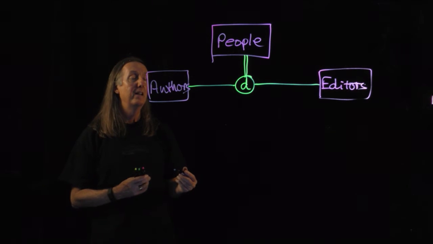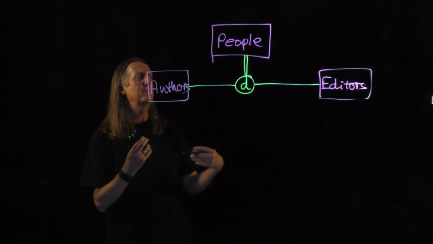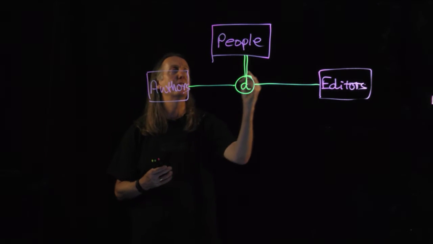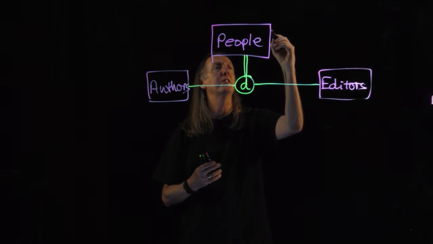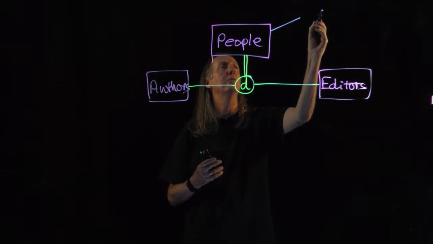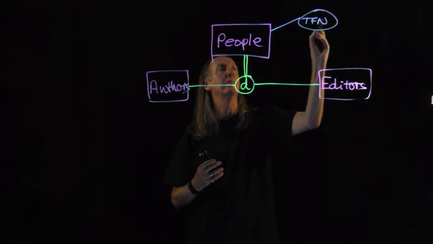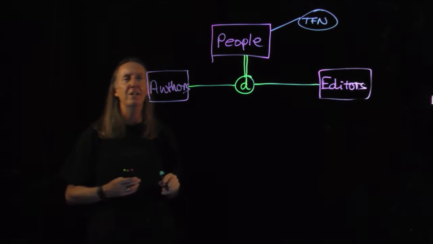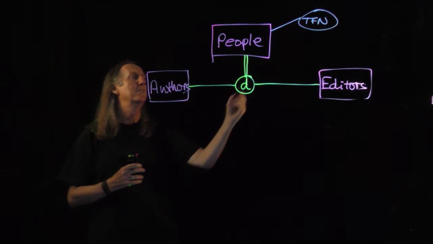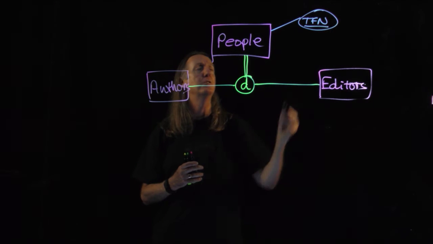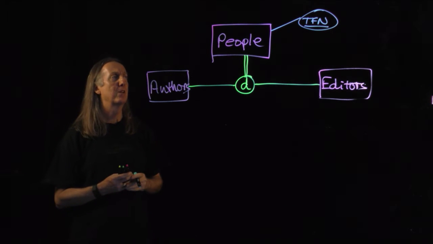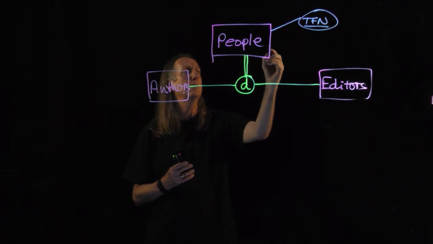So all authors have the same characteristics as editors. And those characteristics are, for example, a tax file number. And remember that in Australia, tax file numbers are unique, so we can conveniently use them as primary keys.